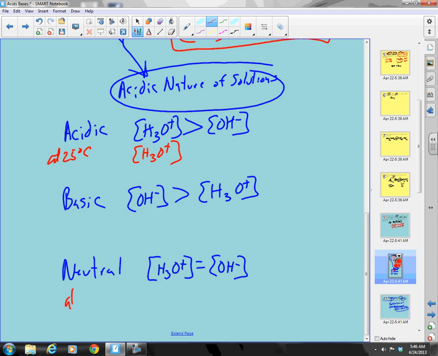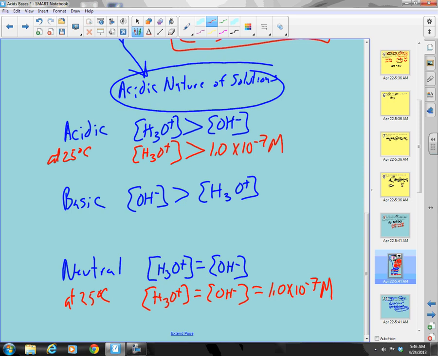Down here we said what? At 25C, my hydronium concentration equals my hydroxide concentration, which equaled what? 1.0 times 10 to the minus 7th molar. Good. What does that mean for something that's acidic? That means my hydronium concentration must be greater than 1.0 times 10 to the minus 7th molar.